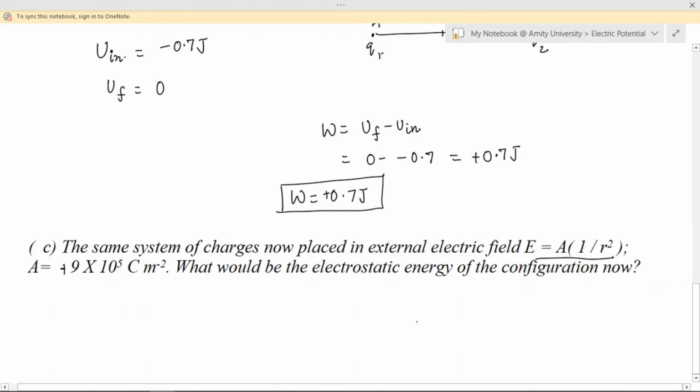Considering the same situation, Q1 is at point A and Q2 is at point B. Let's say this is the origin, and the distance r is 9 centimeters from the origin for both charges. So Q1 is at minus 9 centimeters and Q2 is at plus 9 centimeters, so that the magnitude of r remains the same.